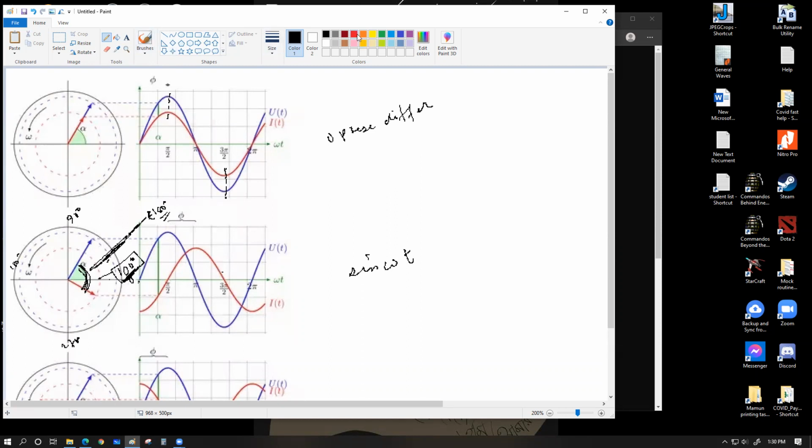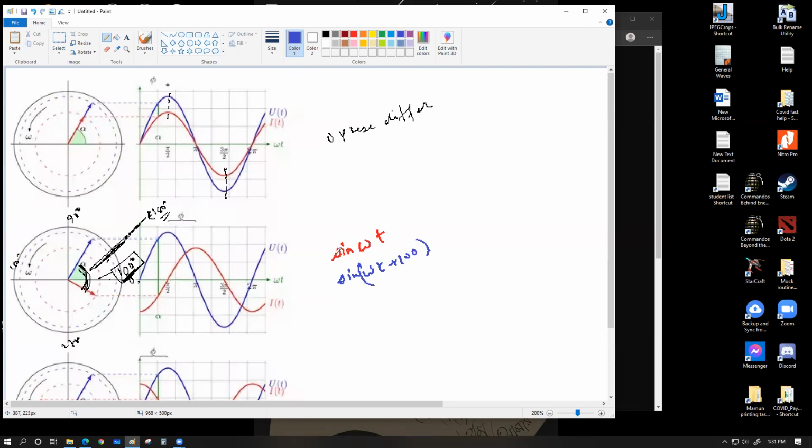Where is the red color? If this is sine omega t, then the other equation for the blue, which is a bit ahead of the red line, should be written as sine omega t plus 100 degrees.